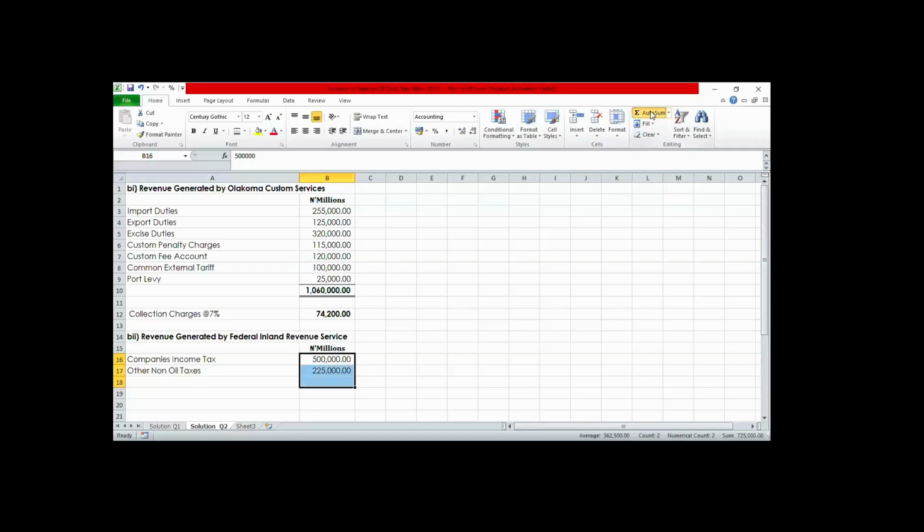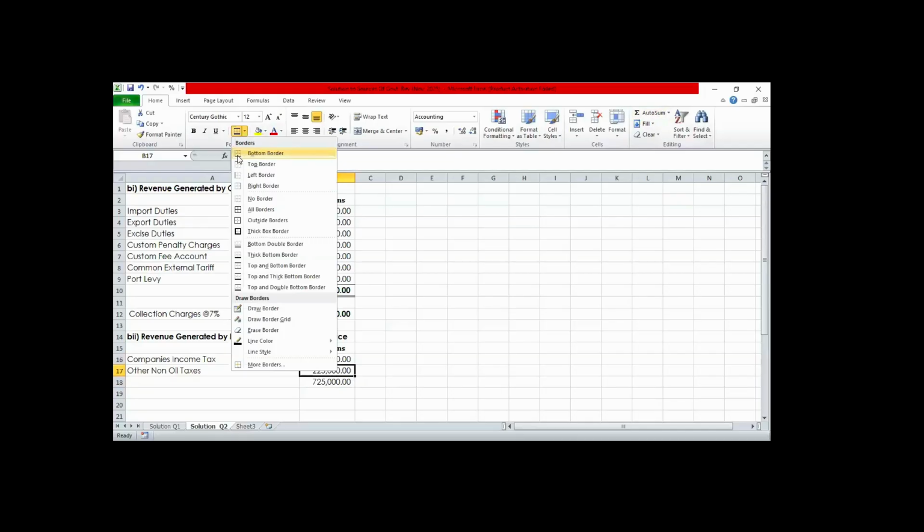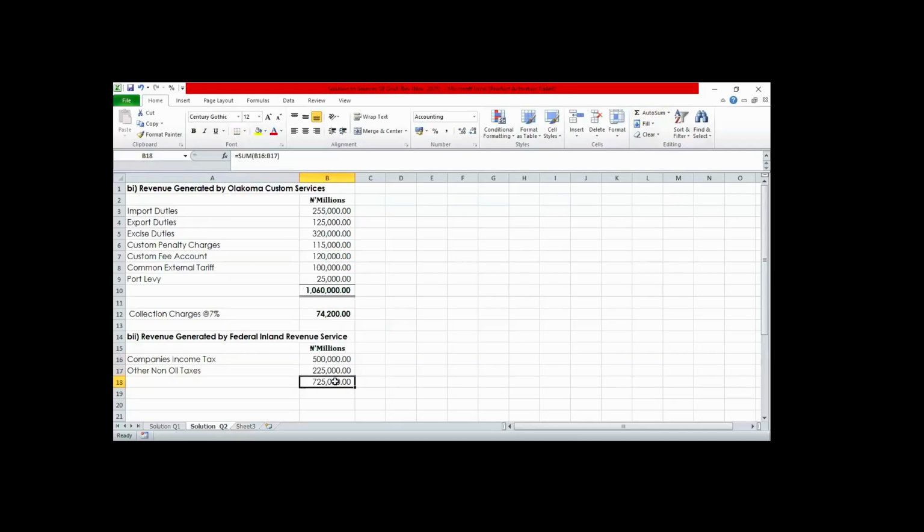Now, this amounted to 725. Value added tax is how much? 700.